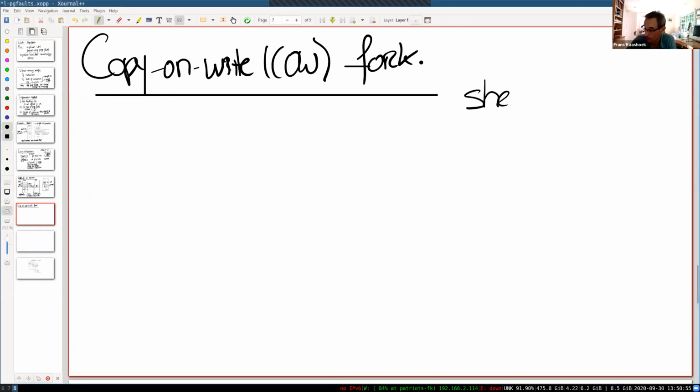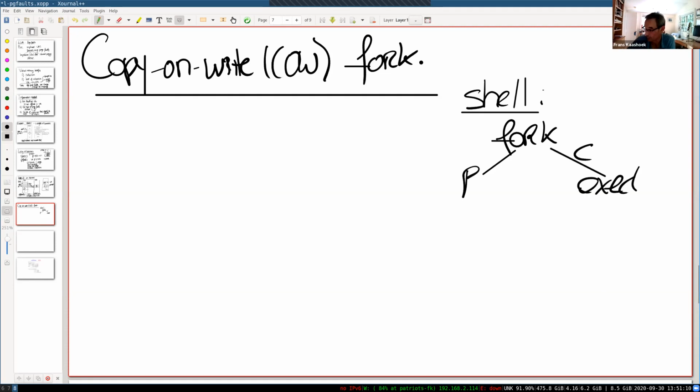If the shell runs and it processes a command, it does a fork to create a child. The fork creates a copy of the shell, so we've got a parent and a child. And then the child, almost one of the first things it does is an exec. Maybe it executes a couple of instructions, and then it execs, for example, to run echo.